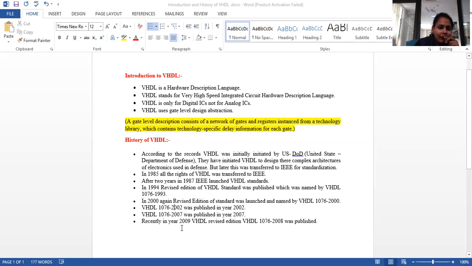Recently, in the year 2009, the revised edition VHDL 1076 2008 was published.